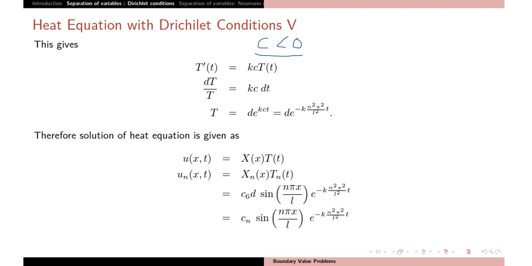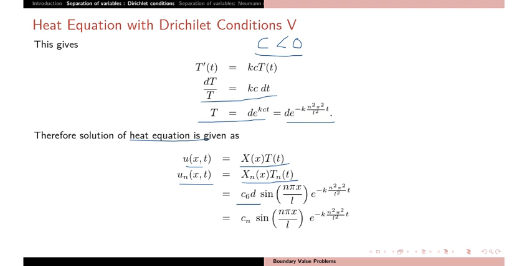We separate the variables and get a solution in exponential form. Here I am writing the constant as d: e to the power minus k c t, where c is minus n square pi square by L square, negative. So the solution of the heat equation is u equal to X times T, or in variation n, X_n T_n.